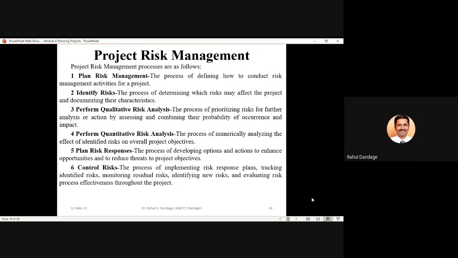There are certain standard risk responses which we can consider when planning risk responses for the identified risks.